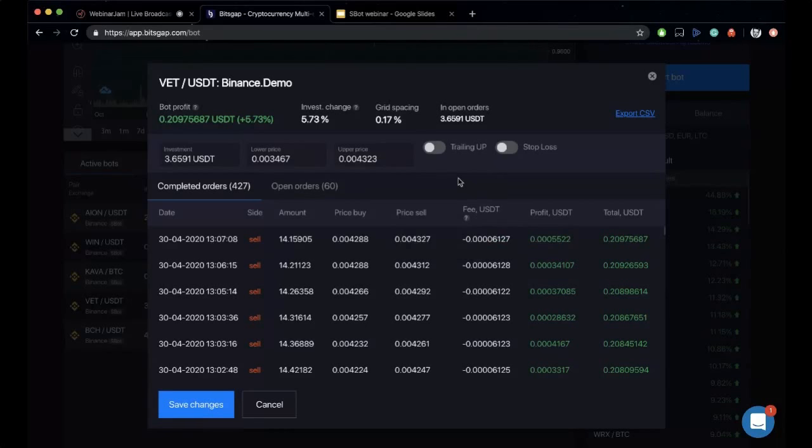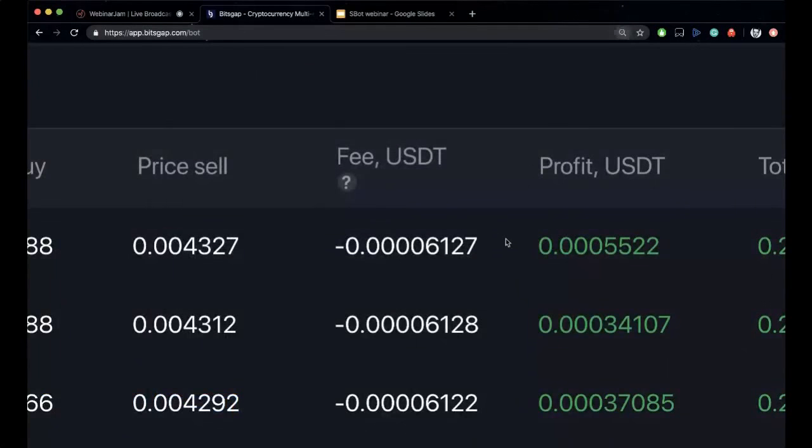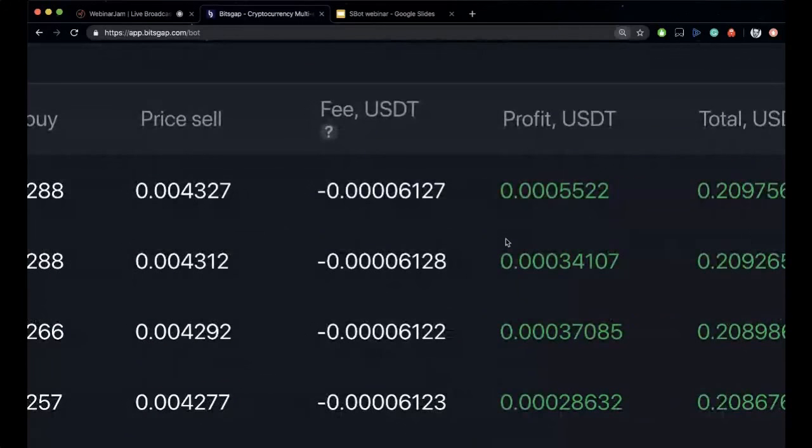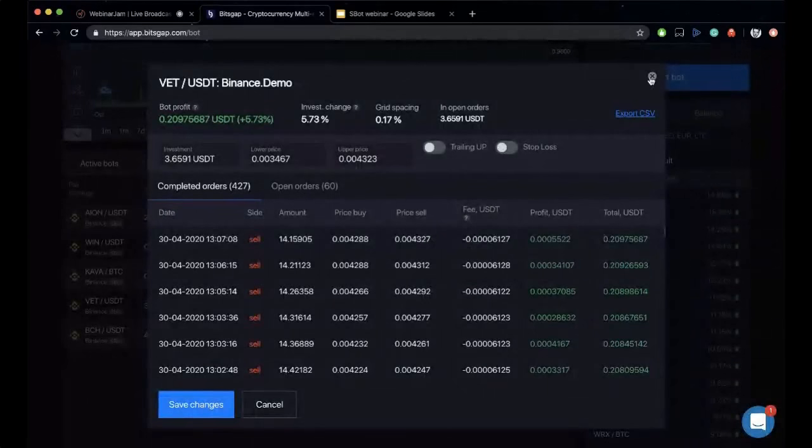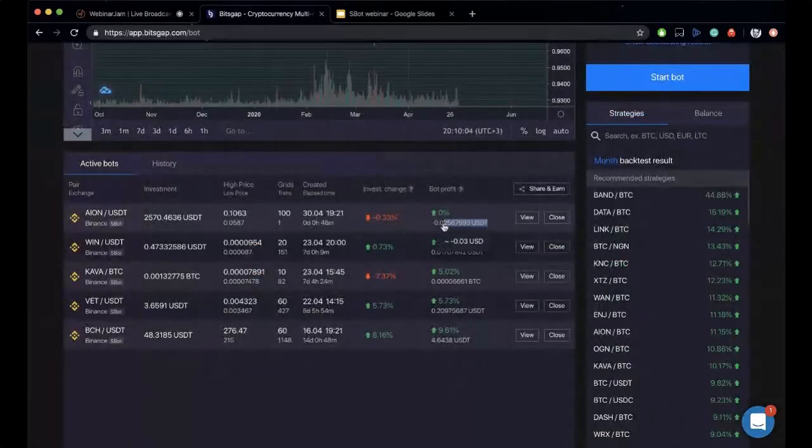It represents the both-side fee, when you buy and sell, and the profit itself is the net profit. So it takes the fee into account. That's the pure profit. That's something that only Bitsgap has to offer. None of the competitors or other services that offer automated trading have such a feature. So it's unique in a way that you always know the pure result.